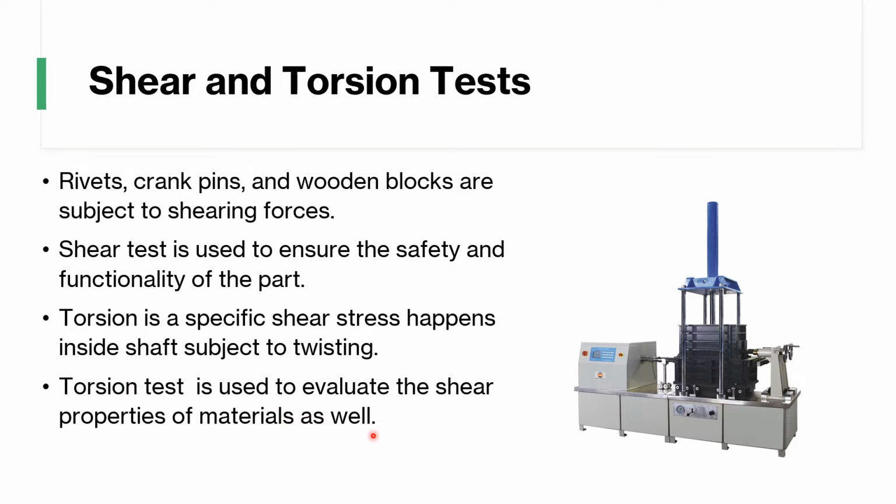For torsion, we want to evaluate the shear properties of materials, and that's why we do this test. Torsion, as you know, is just a stress. Torsion is a specific shear stress that happens inside a shaft subject to twisting.